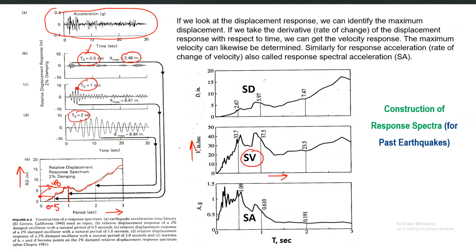And we can also repeat the same thing for the response acceleration. In that case it will be the acceleration response spectrum. The values on this acceleration response spectrum will be called the spectral acceleration values. Similarly, here we have spectral velocity, and for displacement we will have spectral displacement.